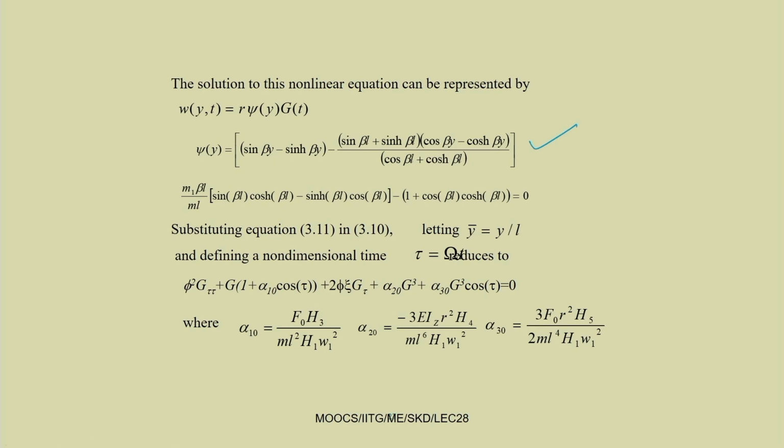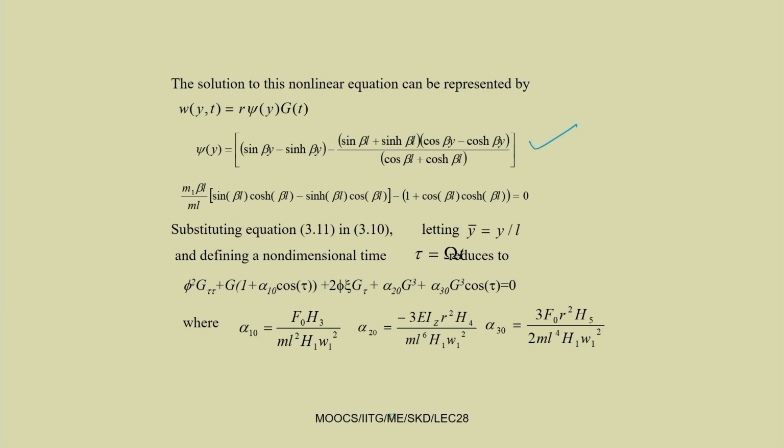So, ψ(y) equal to sin βy minus sinh βy minus (sin βL plus sinh βL) into (cos βy minus cosh βy) divided by (cos βL plus cosh βL). And M1 βL by ML into (sin βL cos βL minus sinh βL into cos βL) minus 1 plus cos βL into cosh βL equal to 0.